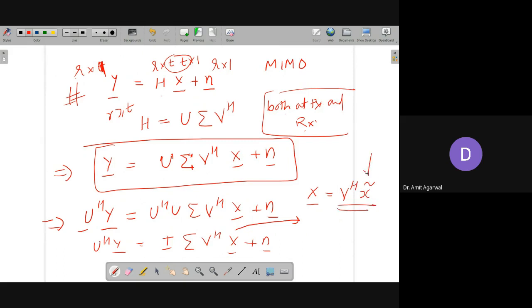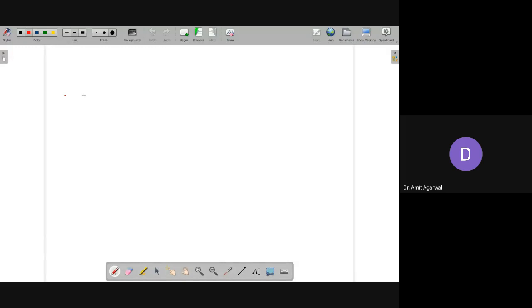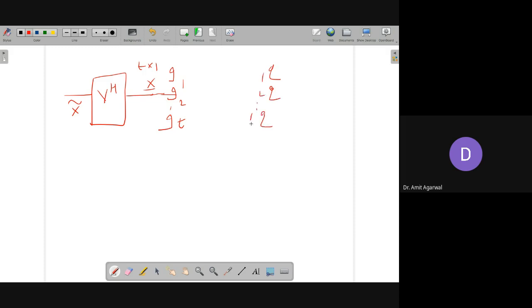If X tilde is the information vector, we first multiply it with V and then we transmit it. So you can think of it like that. You multiply it with V. This is your X, which you transmit using multiple antennas. This is a T cross 1 vector. You feed it to each antenna and you transmit it. And this is 1 up to R number of antennas. So each antenna will receive some copies from each antenna, right?